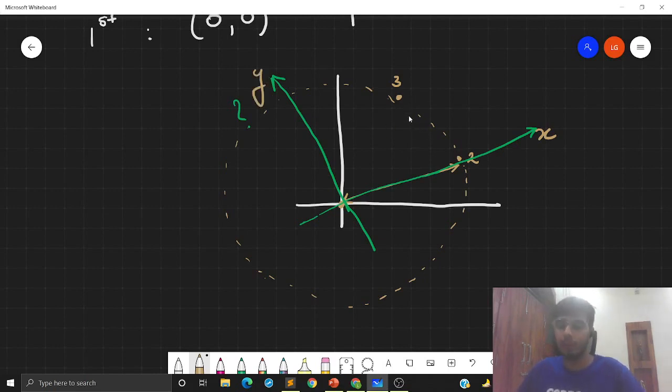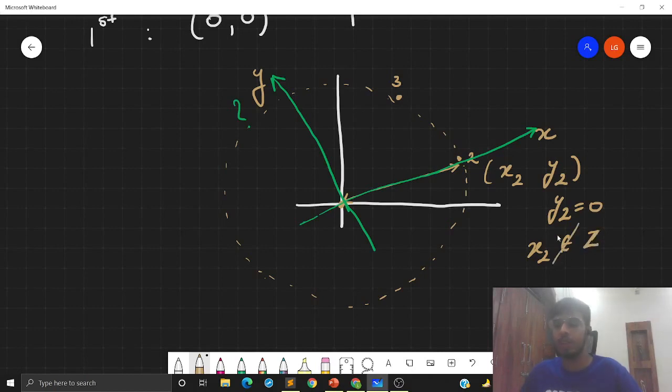However, when we have rotated our axes, we can no longer guarantee that this second point will have integral coordinates, right? This was having some coordinates. After the rotation, this y2 will be 0, but we cannot say that x2 will be an integer. So will this affect our answer in some way?